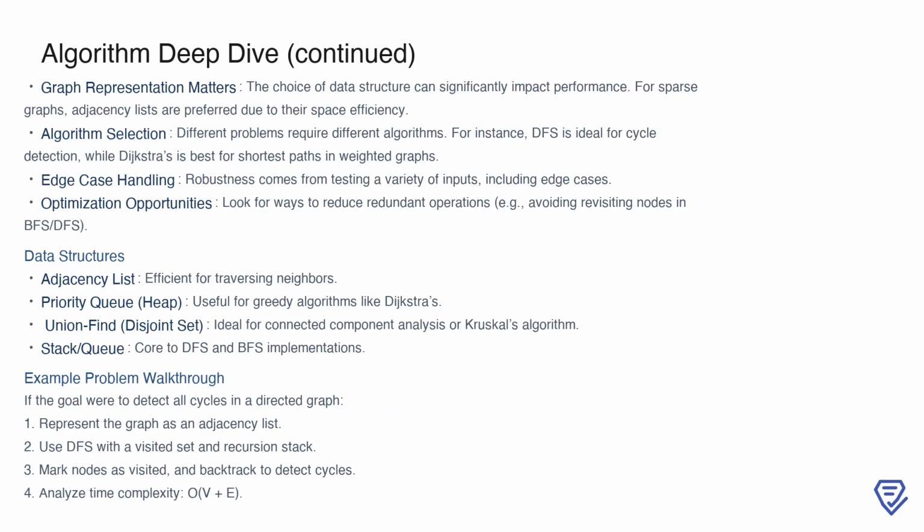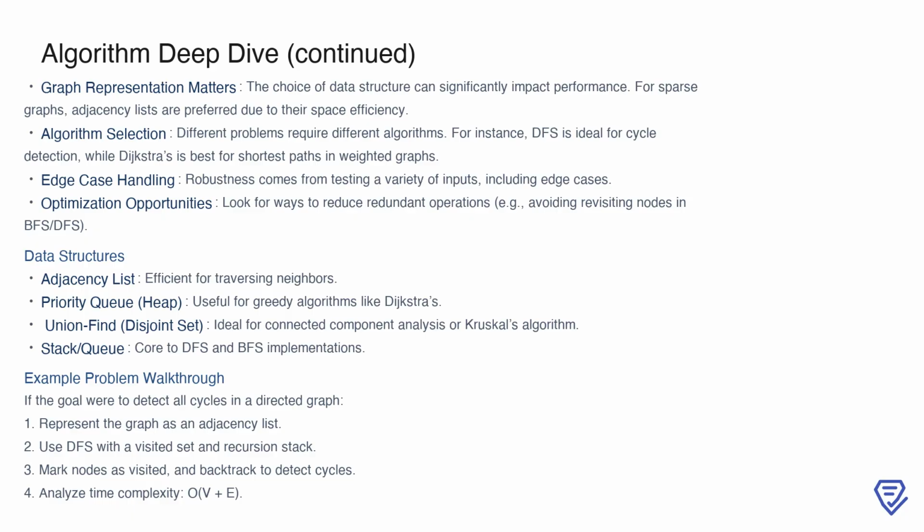In addition to testing edge cases, optimizing the algorithm is critical for handling large-scale problems. Start by analyzing time and space complexity. For instance, BFS and DFS operate in O(V + E), where V is the number of vertices and E is the number of edges, while algorithms like Dijkstra's can achieve O((V + E) log V) using a priority queue.